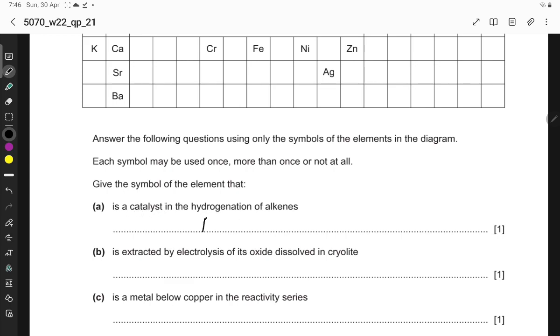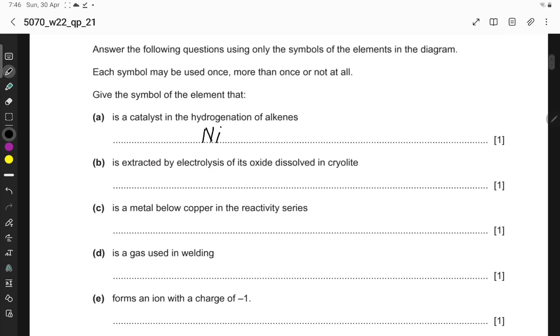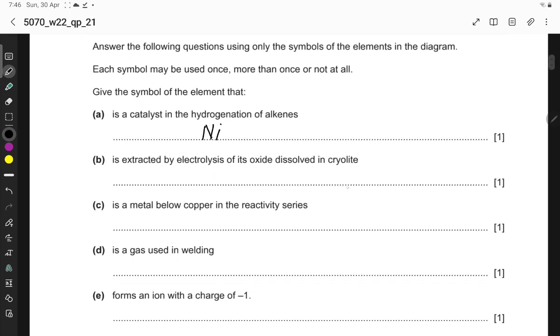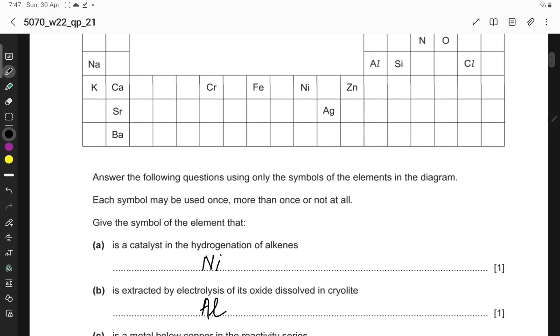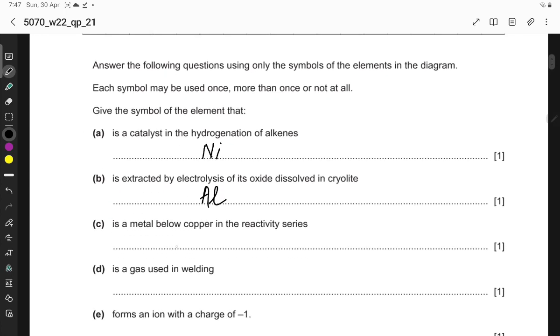Nickel is extracted by electrolysis of its oxide dissolved in cryolite. So this is aluminium. A metal below copper in the reactivity series, that is silver. A gas used in welding.